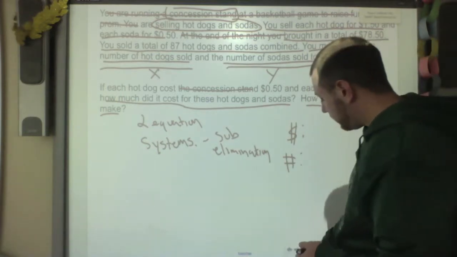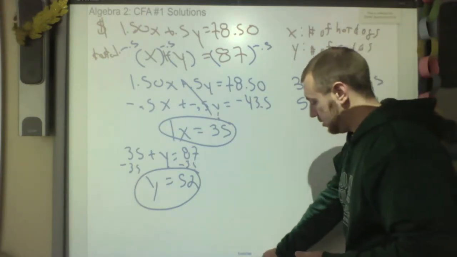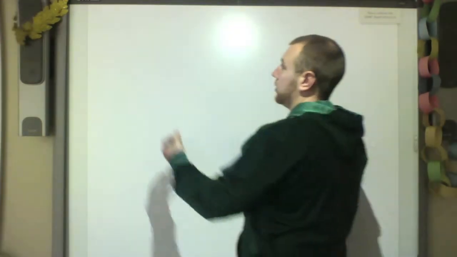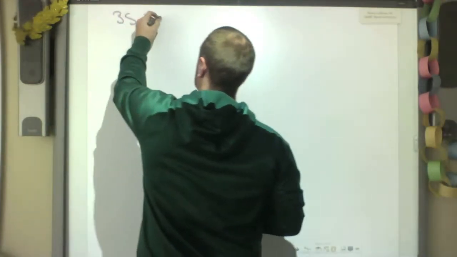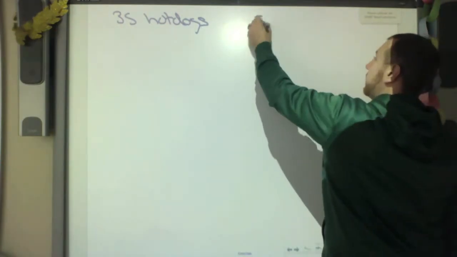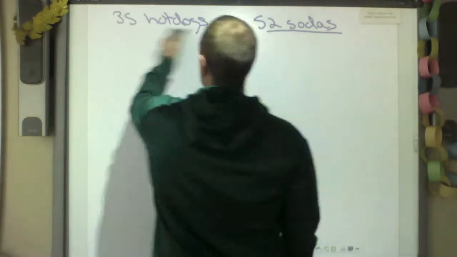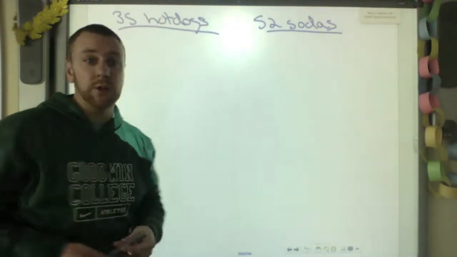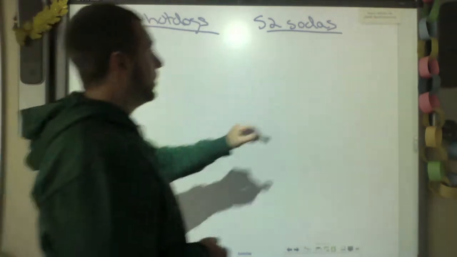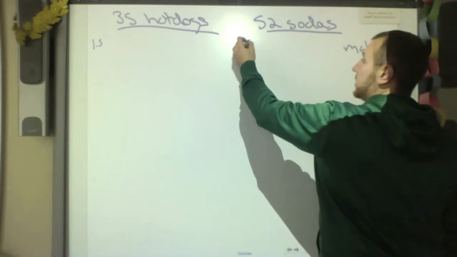Well, if it costs, okay, so 35 hot dogs and 52 sodas. Okay? So, I know that I make $1.50 for each one, right? And I make 50 cents here.